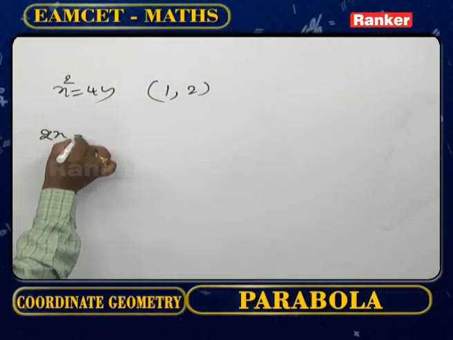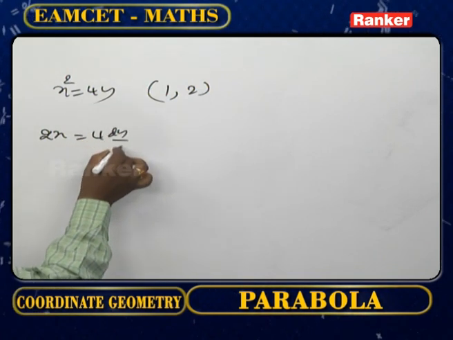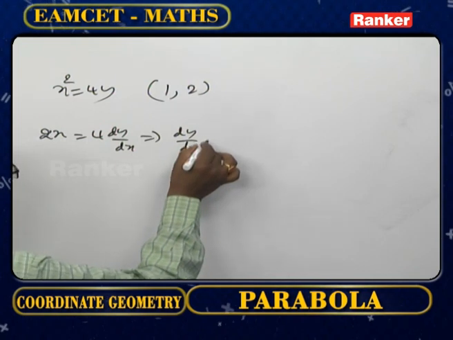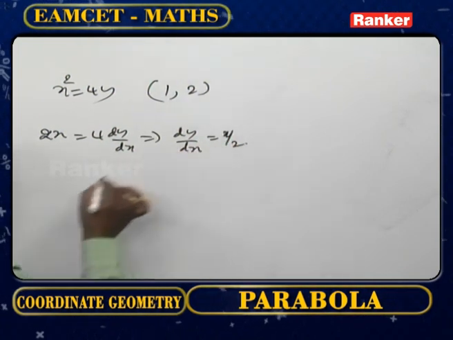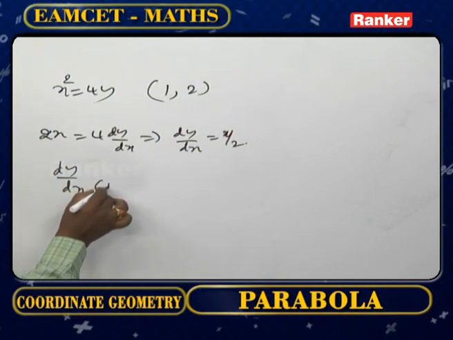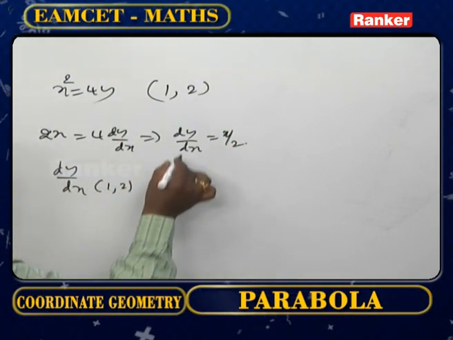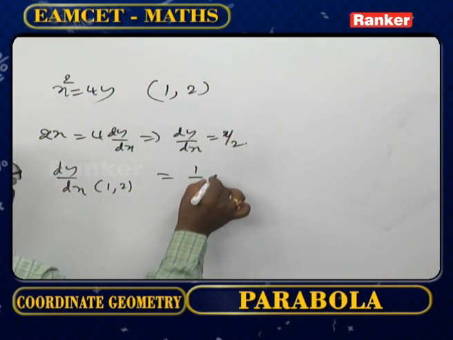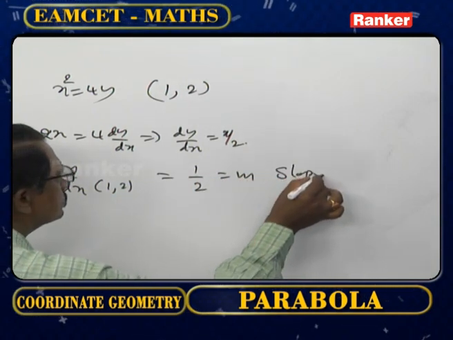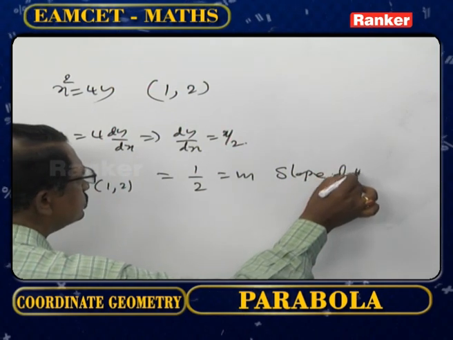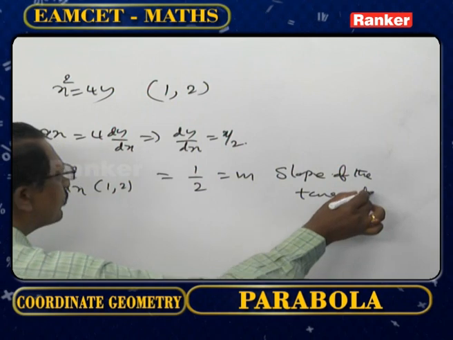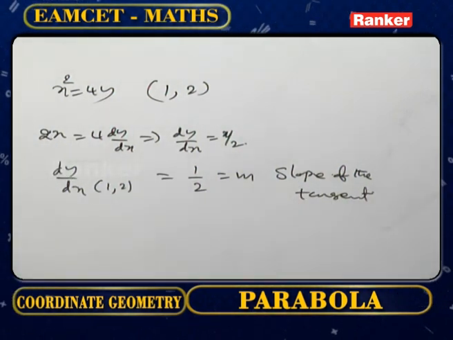Now 2x equals 4 into dy by dx, which implies dy by dx equals x by 2. Now dy by dx at the given point 1 comma 2 equals 1 by 2. It is nothing but the slope of the tangent, but we require the equation of the normal.